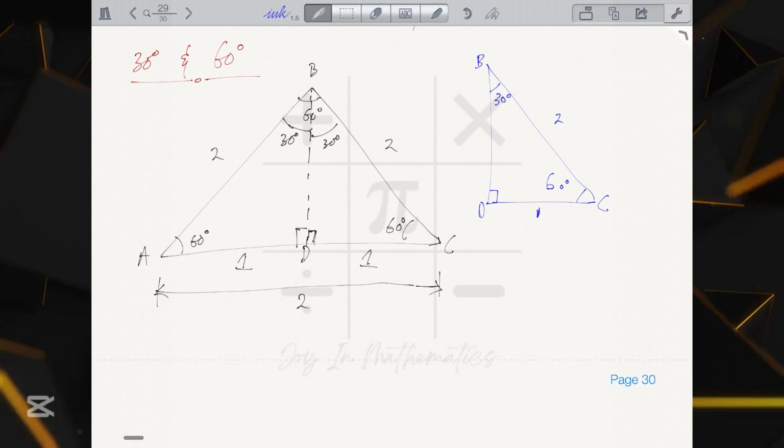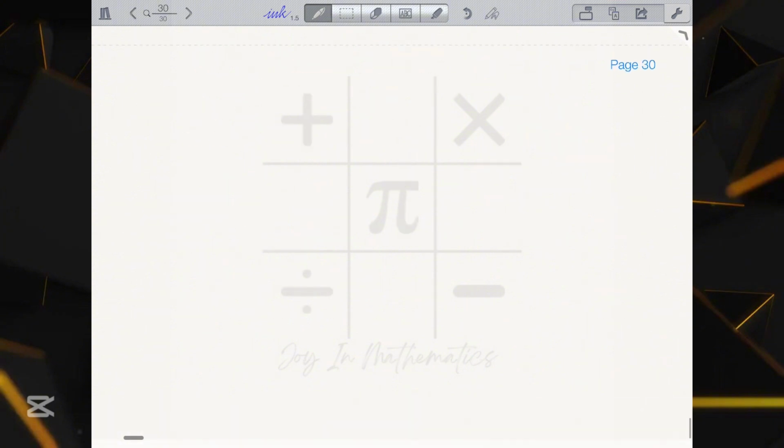So with this, we can now express the values of sine 30 degrees, cos 30 degrees, and tan 30 degrees, and likewise sine 60 degrees, cos 60 degrees, and tan 60 degrees. So let's move on to the next page for more understanding.